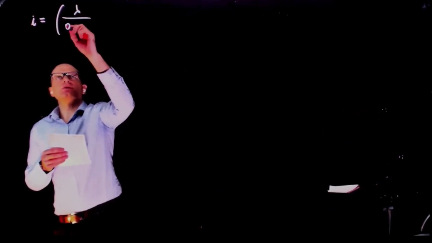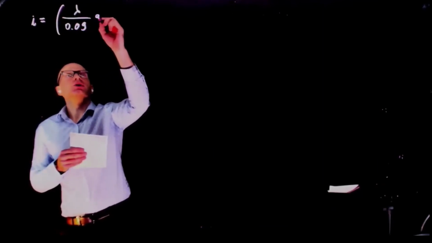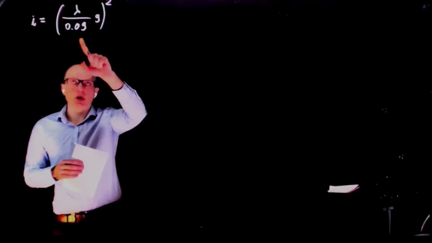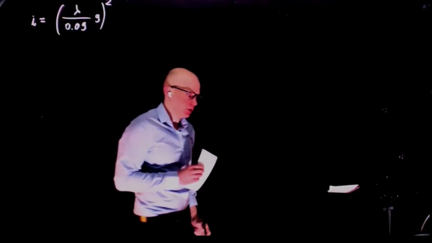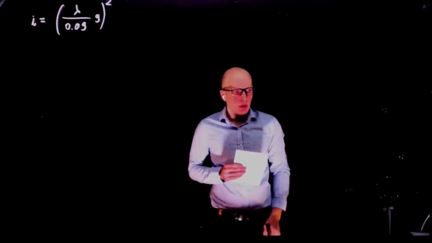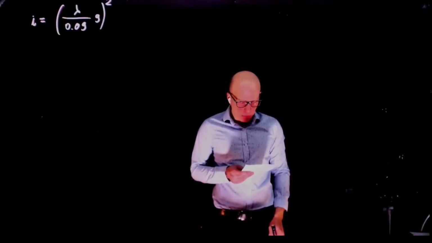All right, so for this question, we have the relation given by I equals lambda over 0.09 g, all squared. G is the air gap. These are constants. Lambda is the flux linkage. We want to calculate the force acting on the actuator.